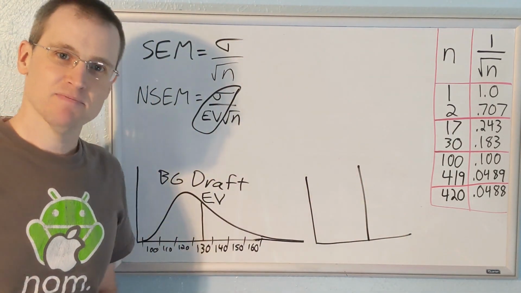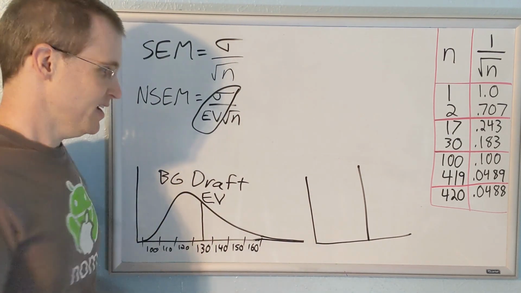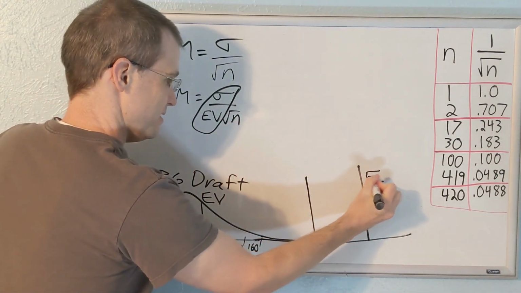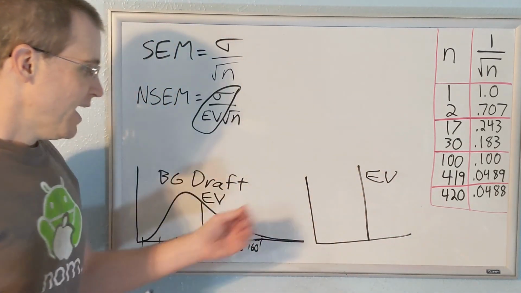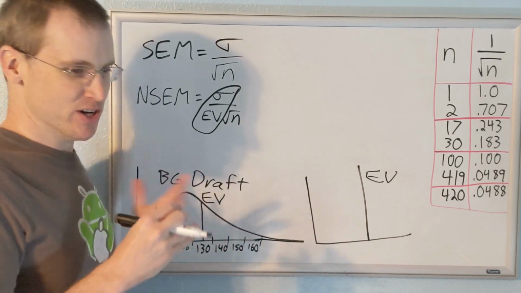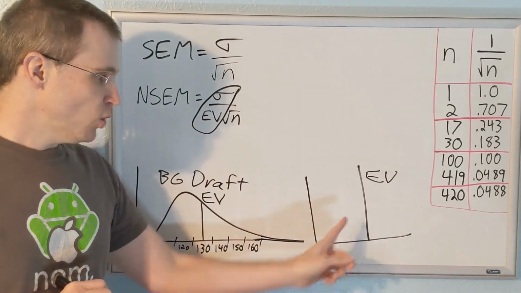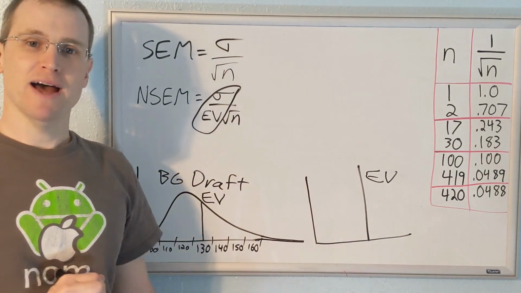It just looks like that because it's a pre-constructed product with no variability. This is the EV, and no matter what case you open of it, assuming we're not talking about crazy misprint cards or something silly like that, no matter what, you will always get the same amount of value out of it.